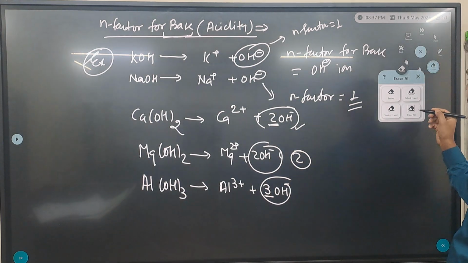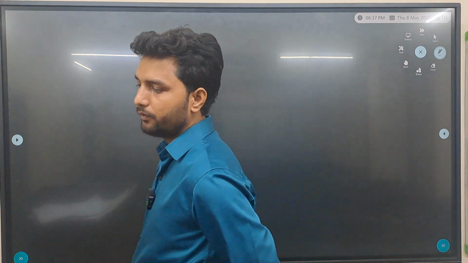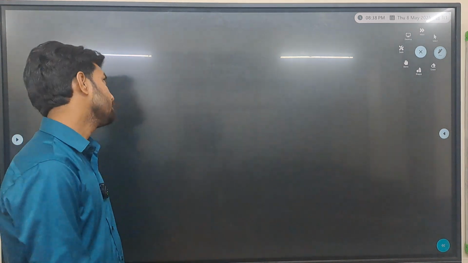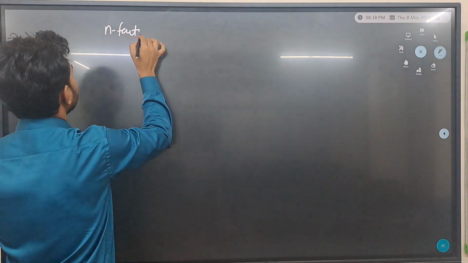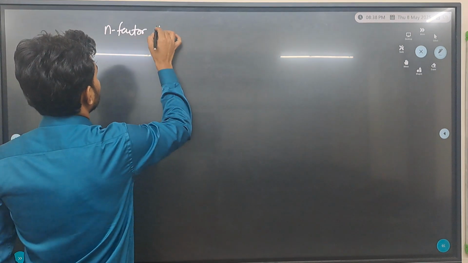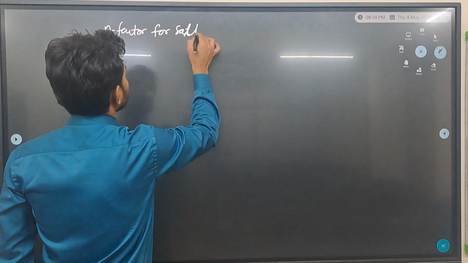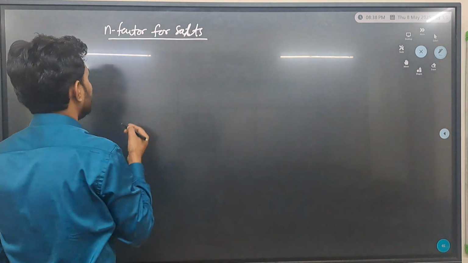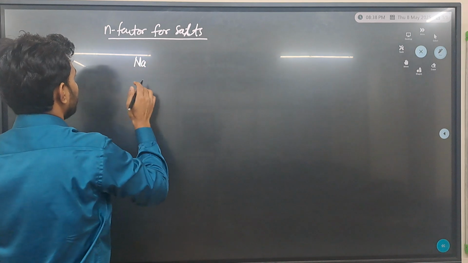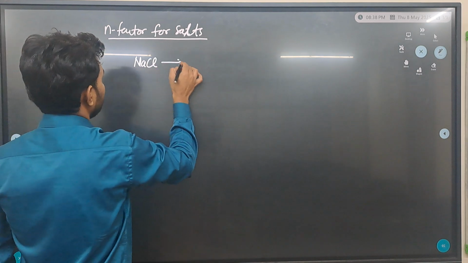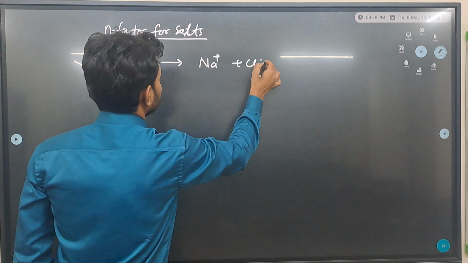So next is the n factor in case of salts. It is important. Like if we take the salt NaCl, it will dissociate and give Na positive ion plus Cl negative ion.